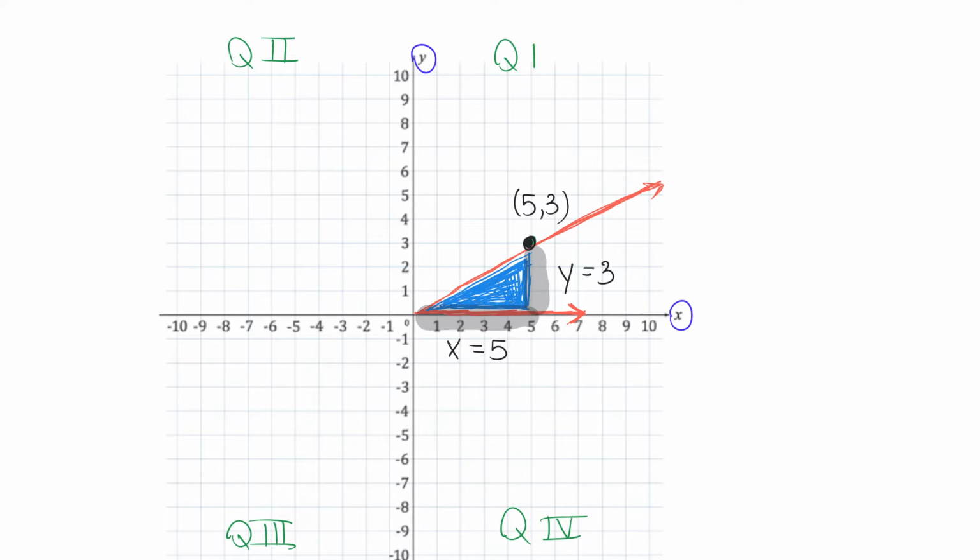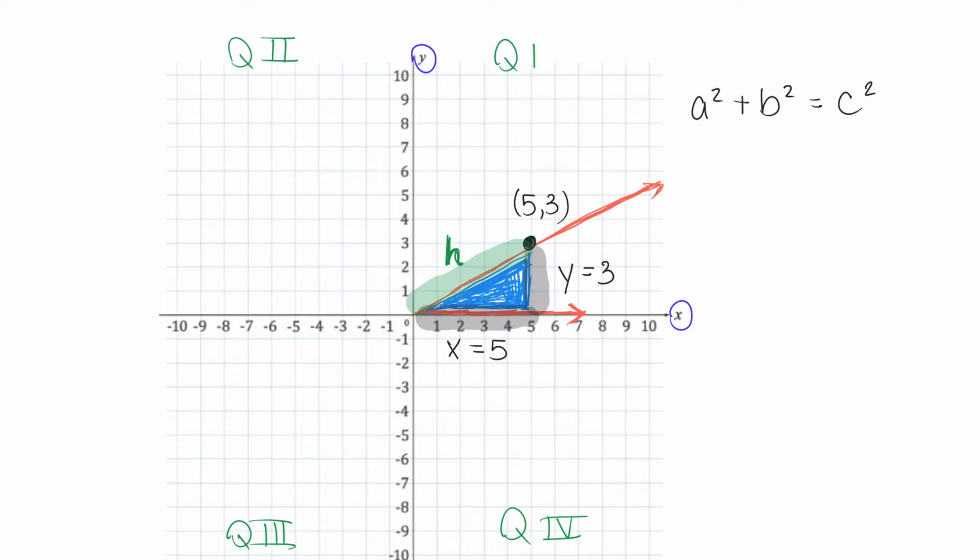Now, what is this part of a triangle called? This part I'm putting in green. This is a hypotenuse, h. And if I know that this is 5 and this is 3, can't I figure out my hypotenuse using Pythagorean theorem? I can. We know a squared plus b squared equals c squared.